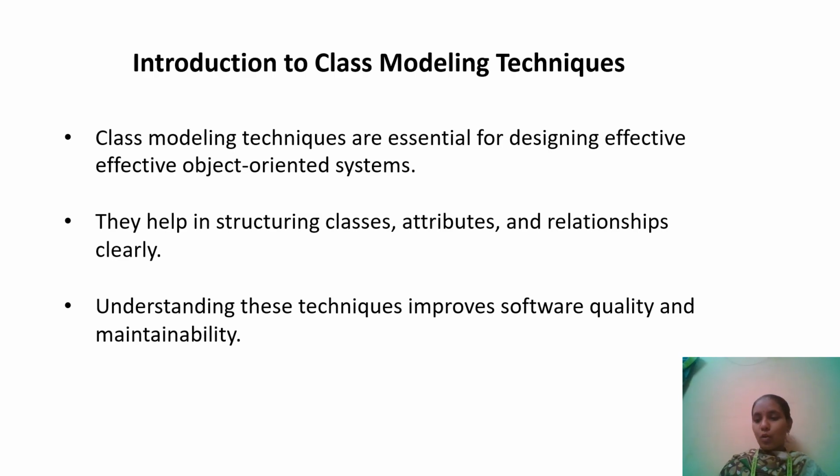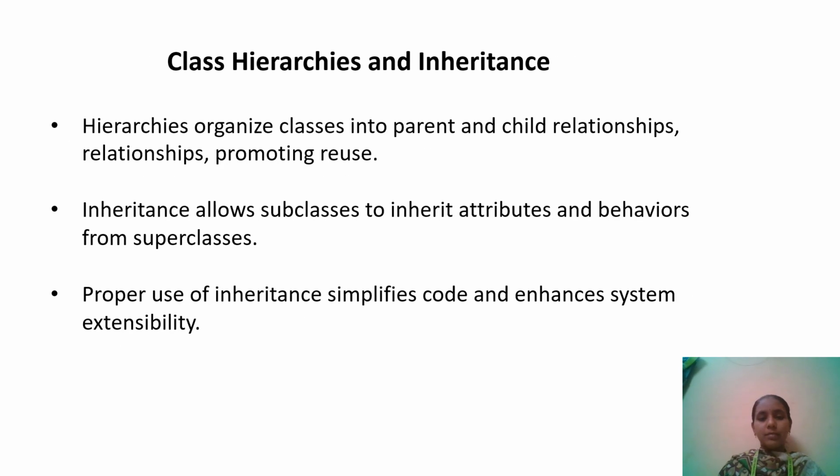Attributes are the properties, and operations are methods, behaviors, and the relationships between them. Class modeling techniques are used in structuring classes, attributes, and relationships clearly, and they improve software quality and maintainability.